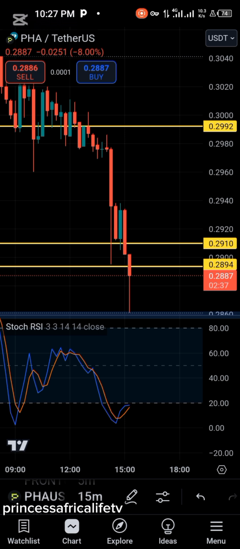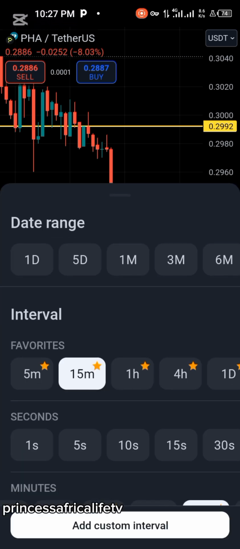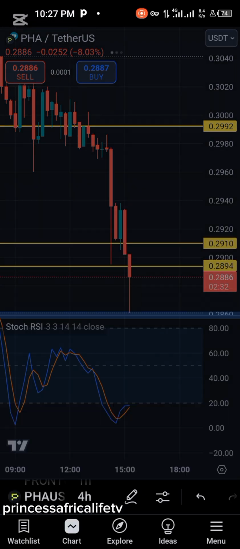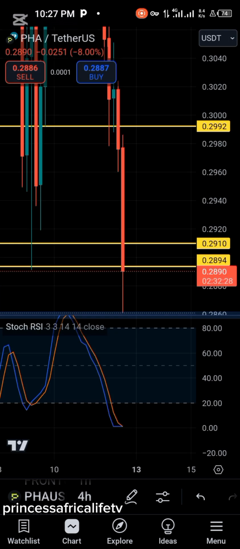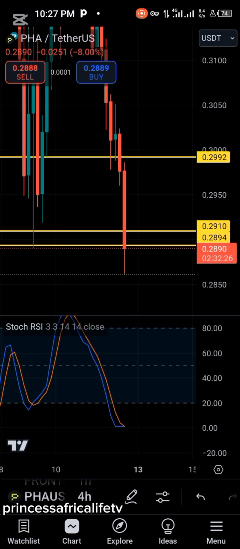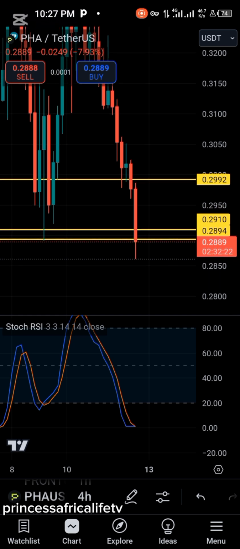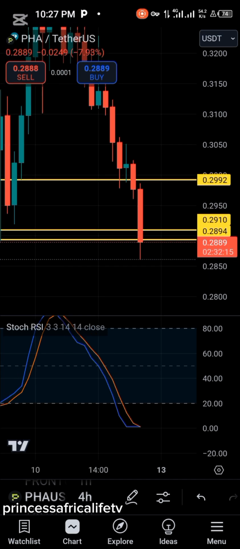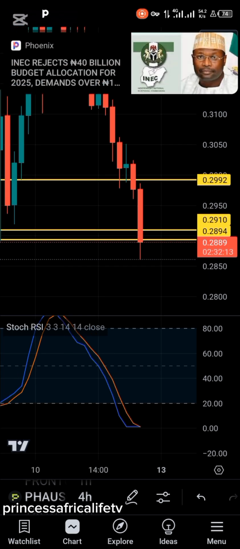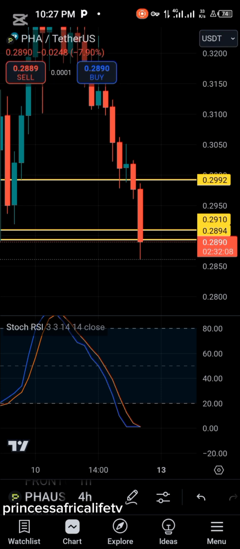The market is about to go up. Let me go back to the 4 hours time frame. Are you seeing it? Whenever you see a wick long like this, it's always indicating that this market will go up. This is a yes market for you to enter. So this is a very big way for you to set the trade.